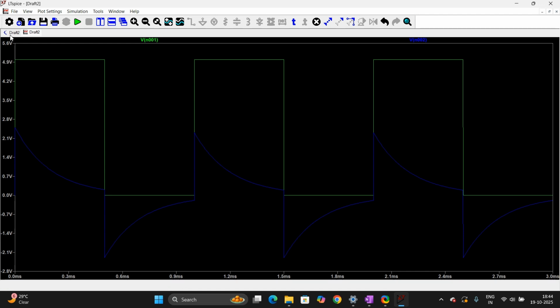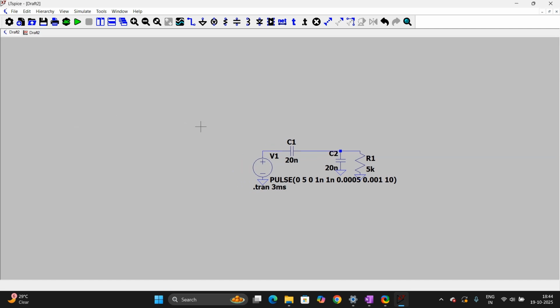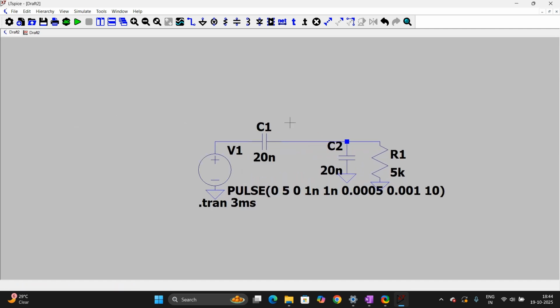When you calculate the time constant of this circuit, we get a time constant of 200 microsecond, and the input pulse has a time period of 10 microseconds.